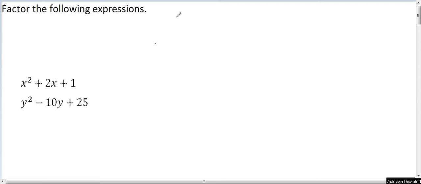Let me first go ahead and write the two formulas that we're going to use here.